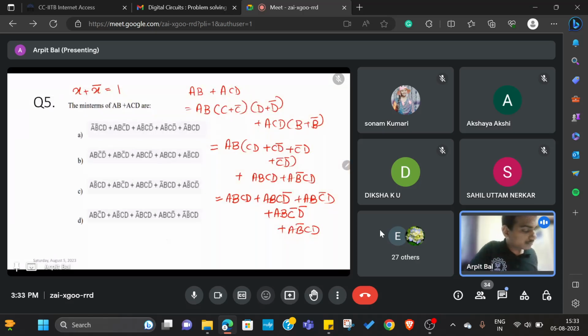Let us check which of the following options is correct. ABCD is present in option B. So option B is correct, as option B has all the terms that we need.